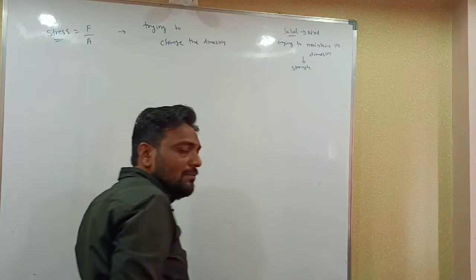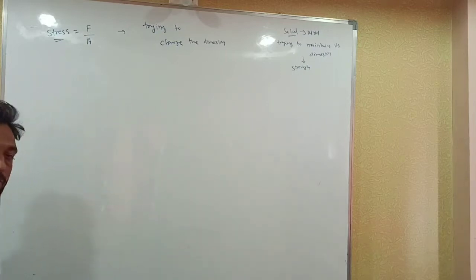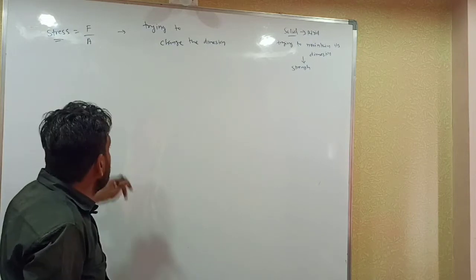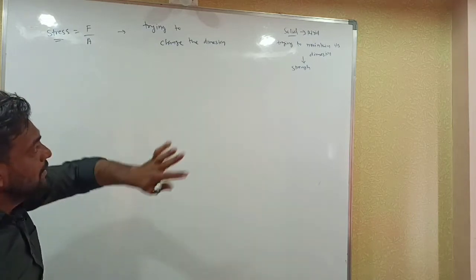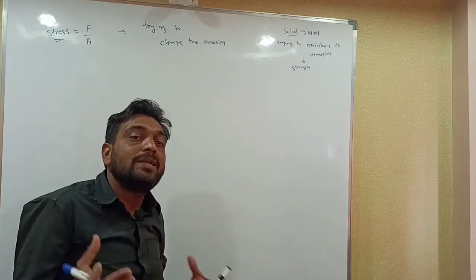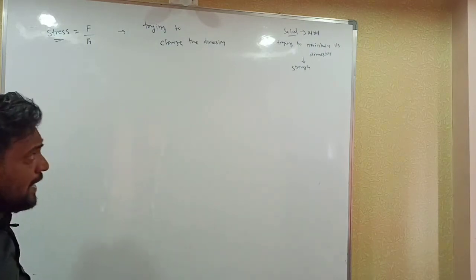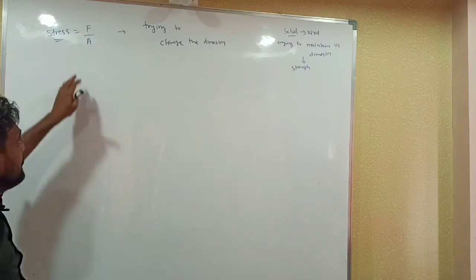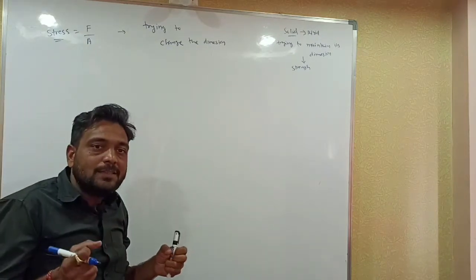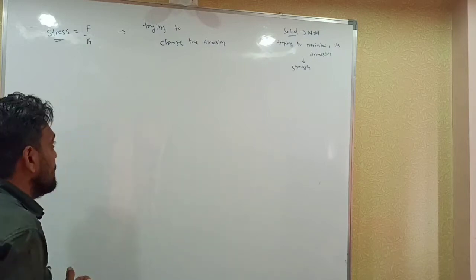So every material has its own strength, meaning different materials have different strengths. Stress is trying to change the dimension while the strength is trying to maintain its dimension. And we very well know that the stress and strength are always fighting each other.